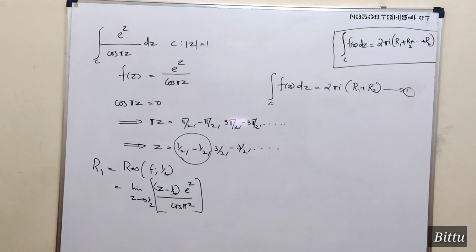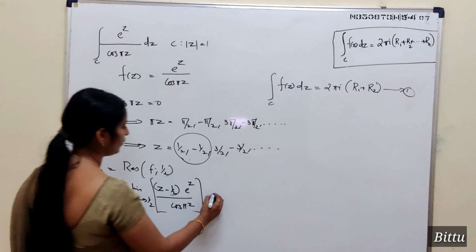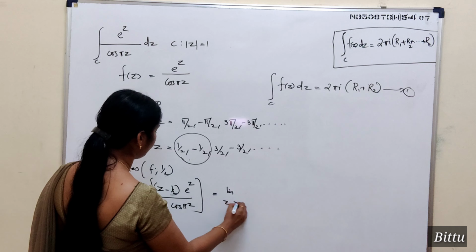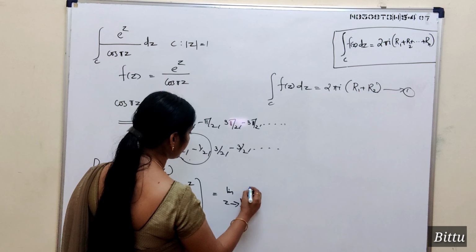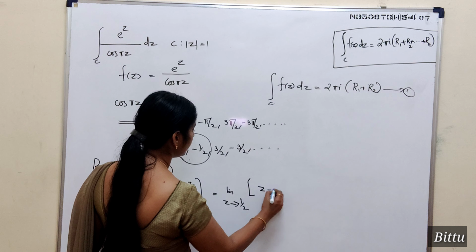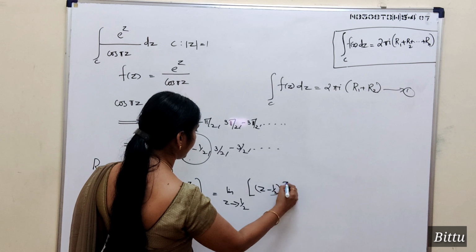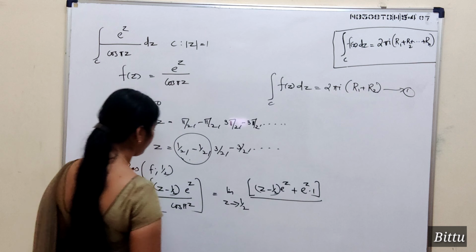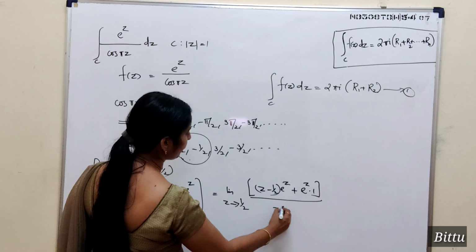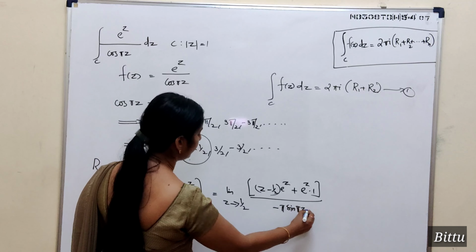So we have to apply L'Hospital's rule. So limit z tends to half. You write the derivative of the numerator. See, it's a product. So there you apply product rule. So first function into derivative of second plus second into derivative of first, divided by minus pi sin pi z.